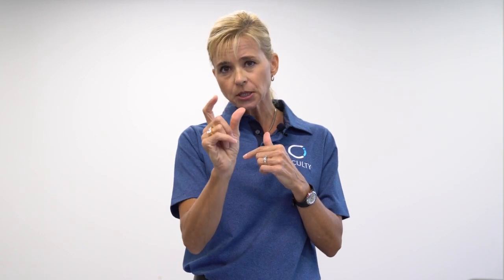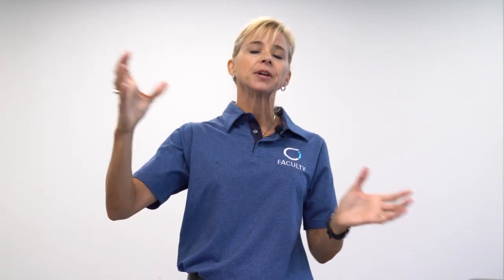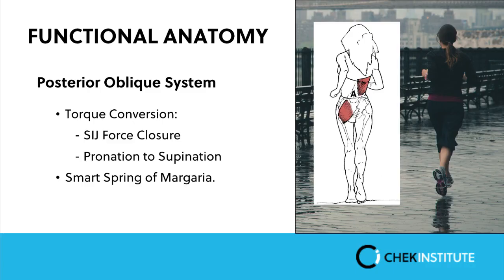If the stabilization system is working appropriately, there's form force closure, and it allows the integrative or the outer unit, or the back, the lats, the glutes, the thoracolumbar fascia, the posterior oblique system to work properly.